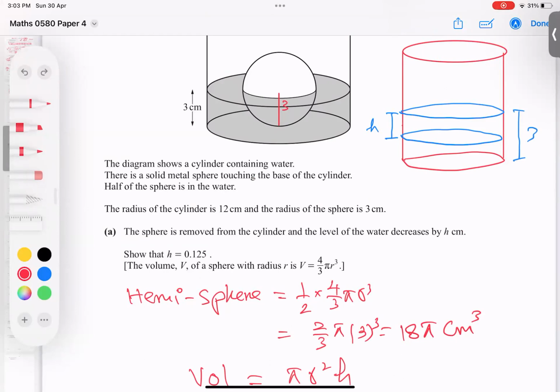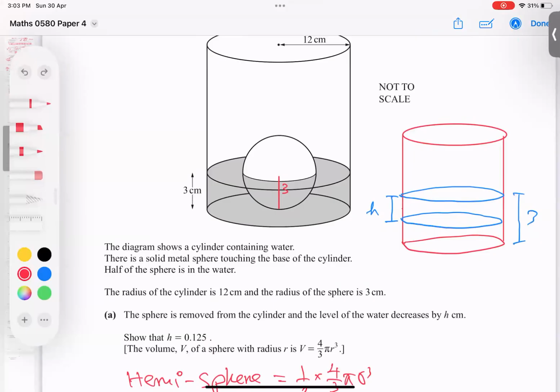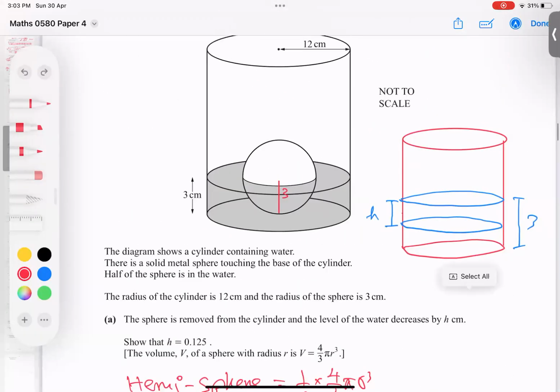We can find it from the current height. The water inside is this much height. So the cylinder volume minus the hemisphere volume gives how much water is inside, because this height includes the hemisphere volume.